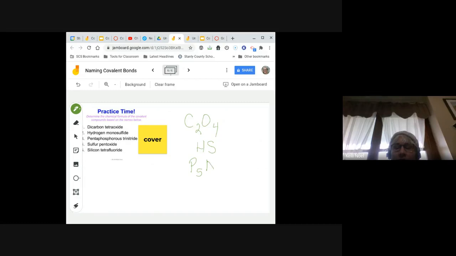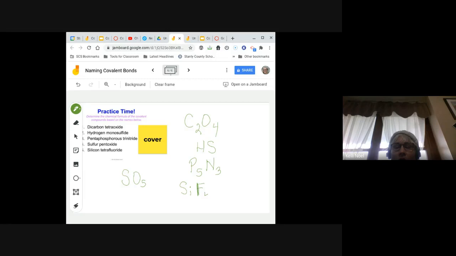Trinitride, that's nitrogen with a 3. Sulfur, S. Pentaoxide, O. Penta is 5. Silicon is Si. There was no prefix. Tetrafluoride, tetra is 4, so we're going to put a 4 there.